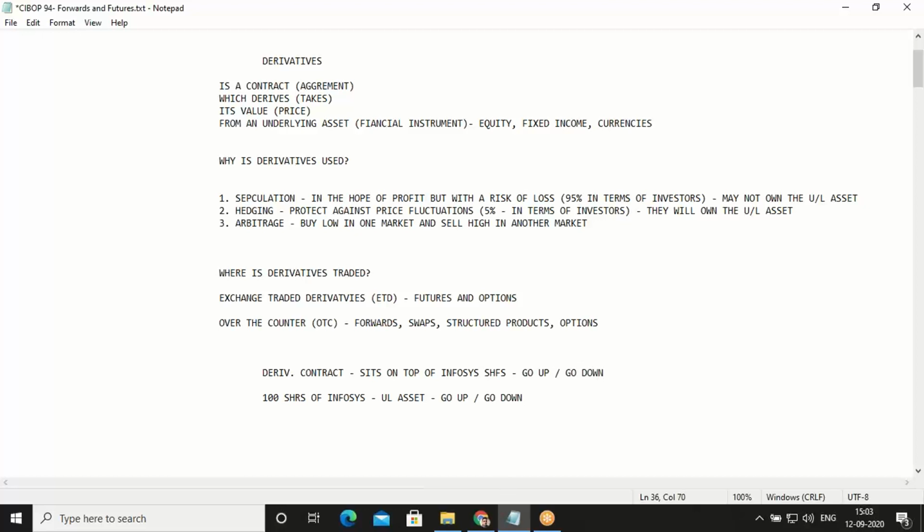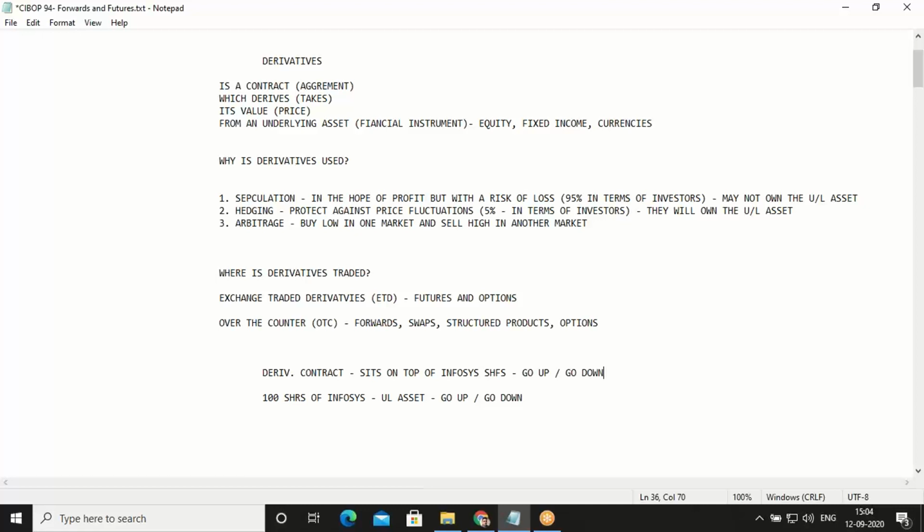Nikhil asks: any relation between futures of Infosys and what I purchased in the cash market? See, the futures contract takes its price movement based on how the shares of Infosys are performing. So guys, let's understand this. If Infosys share price is going down, so will the derivative contract.